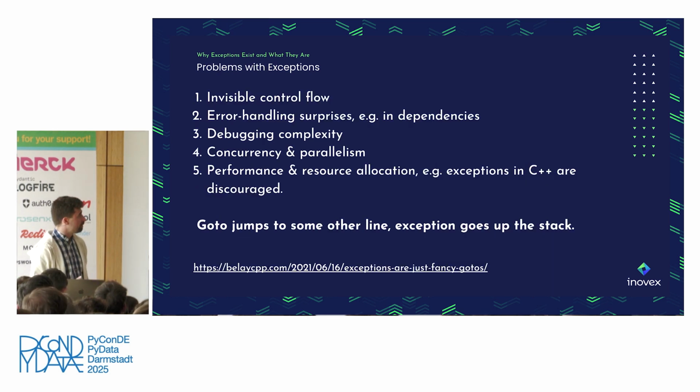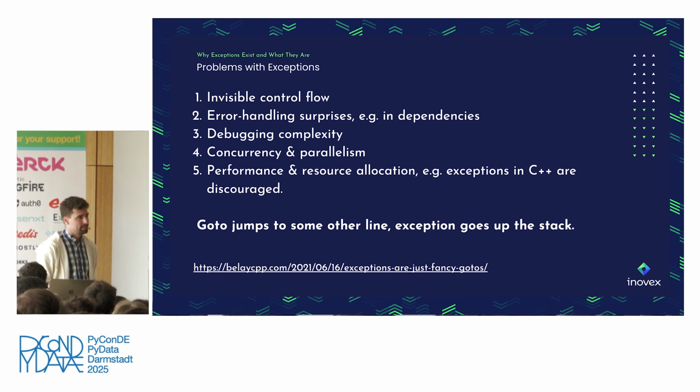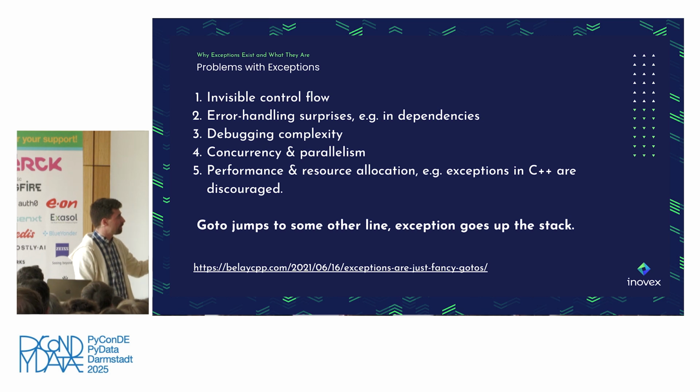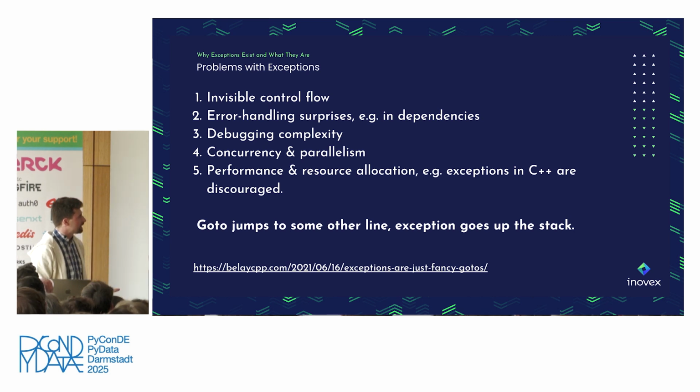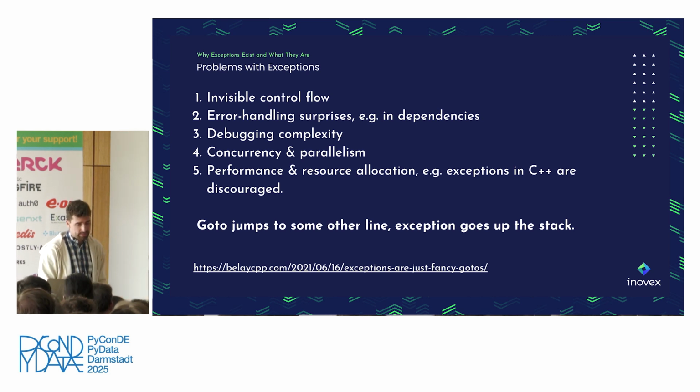So what are the problems with exceptions? Some we have already seen. We again have some kind of invisible control flow, right? We saw it in the example. You are jumping somewhere. It might not be clear when you're reading the code what happens in this case, because you have to look somewhere completely different.